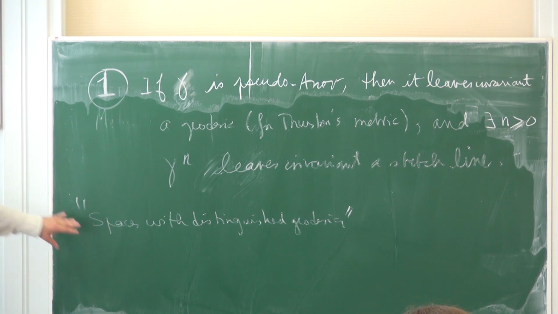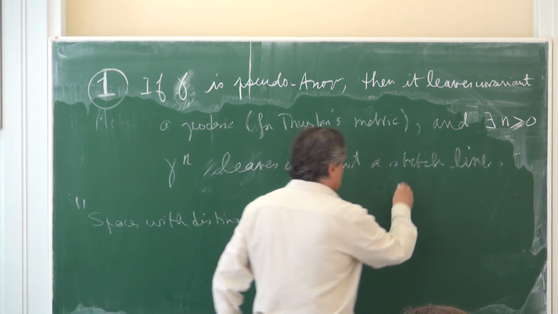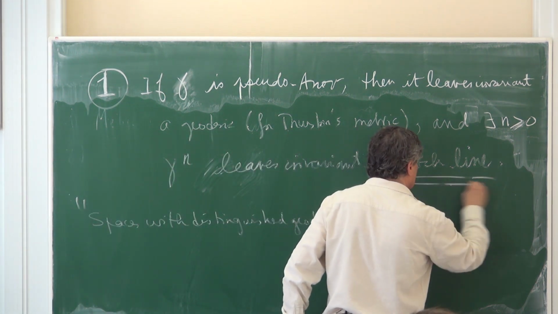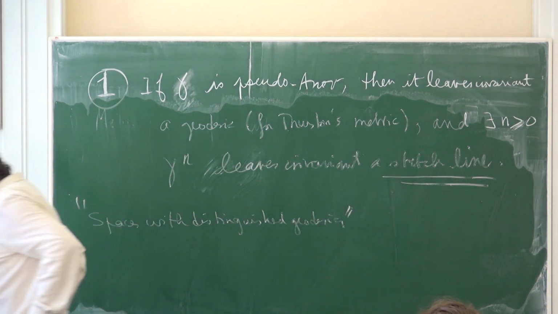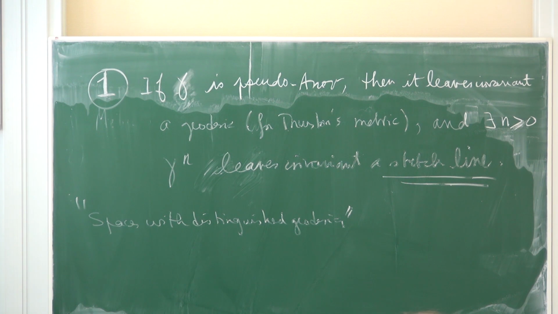These distinguished geodesics in this setting are the stretched lines, either the stretched lines or concatenations of stretched lines. I don't know what is best to develop such a theory.